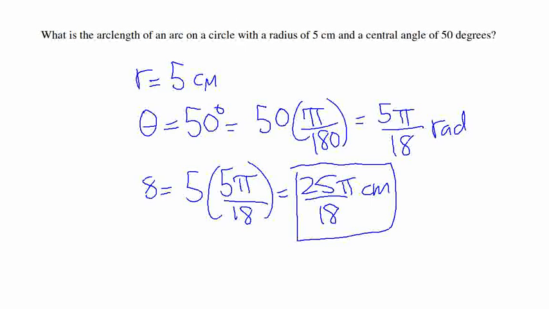All right, now let me let you try one. What is the arc length of an arc on a circle with a radius of 10 miles and a central angle of 100 degrees?